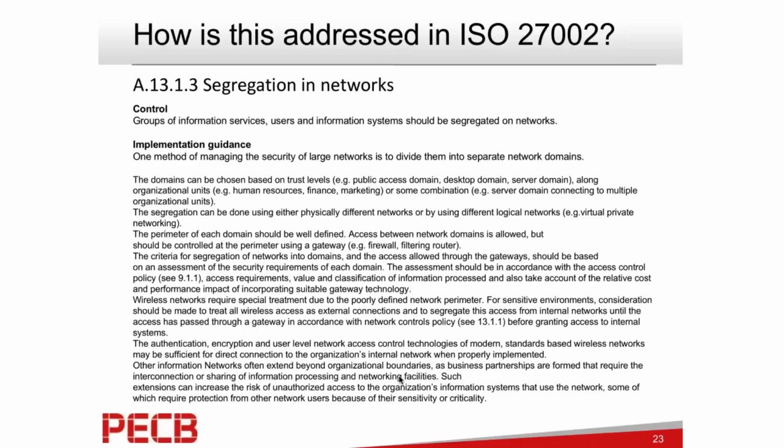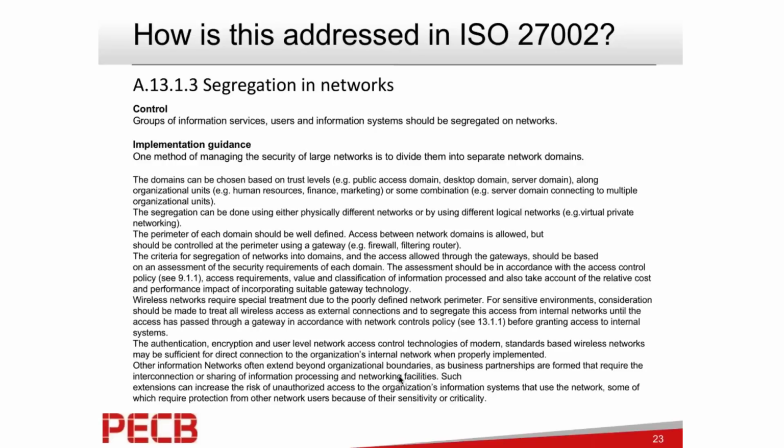You cannot tell me you have two network segments but they are connected to each other. There has to be a controller in between, maybe a firewall, or a router with routing rules that prevent or filter access. So simply you need to have a gateway.